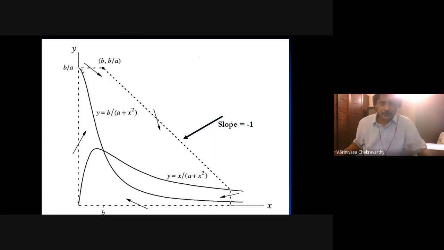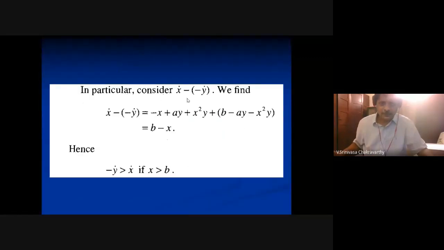Now let us look at the horizontal contour, but only up to this point, b comma b by a. Why is that? Because if you look at the expression x dot minus of minus y dot, you get b minus x.